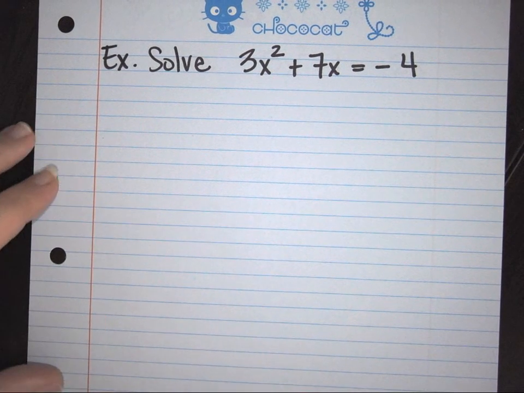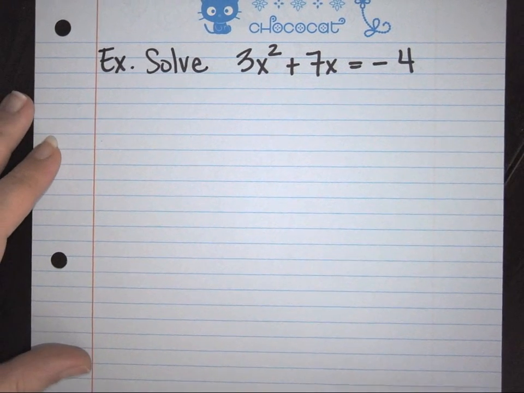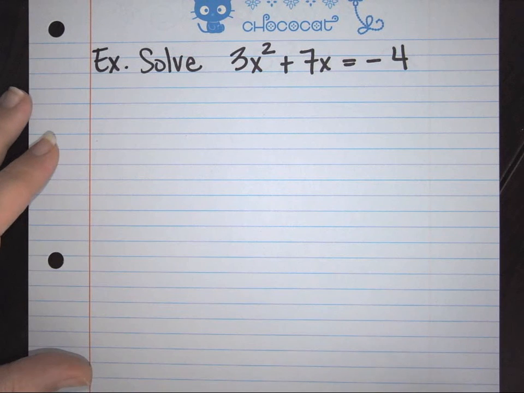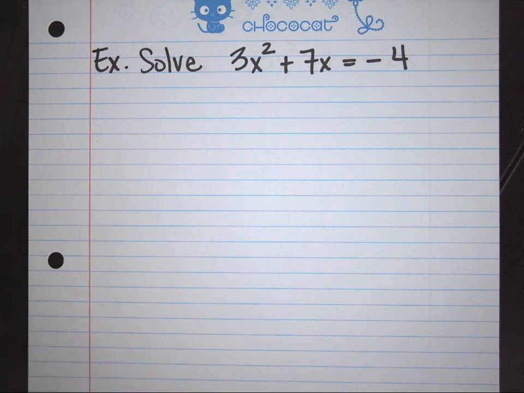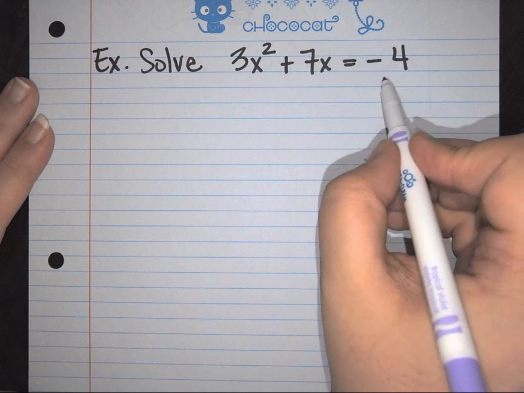So here I have solve using the quadratic formula, and I have 3x squared plus 7x equals -4. Again, that first step that we had to follow is we needed to make sure that our equation is in standard form. Well, this one is not. Therefore, I need to move this 4.